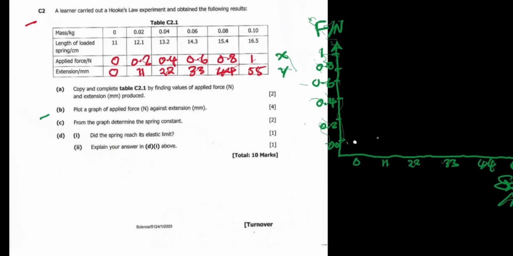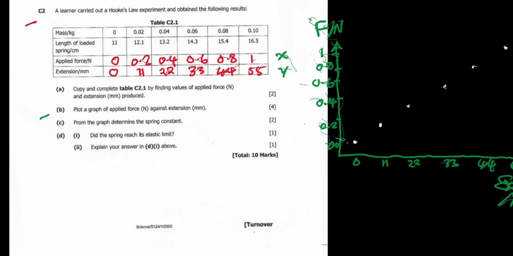The second one is 11, 0.2, which is going to be at this point, and 22, 0.4 is going to be at this point, and 33, 0.6 is going to be at this point, and 44, 0.8 is going to be at this point, and then 55, 1 is going to be at this point.